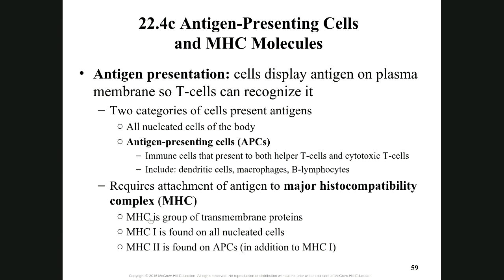We have two types of MHC. MHC1 is found on the surface of all nucleated cells, and MHC2 is found on the APCs, in addition to MHC1. Antigen presentation requires the physical attachment of antigen and this MHC on the surface of our cells.